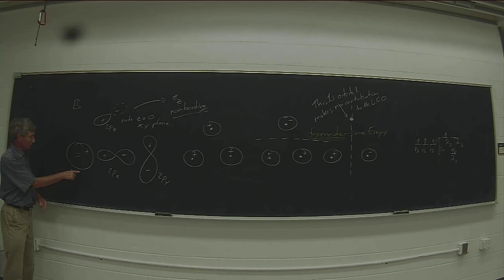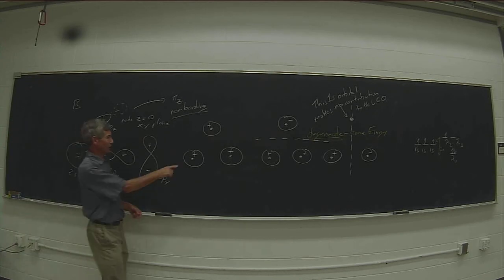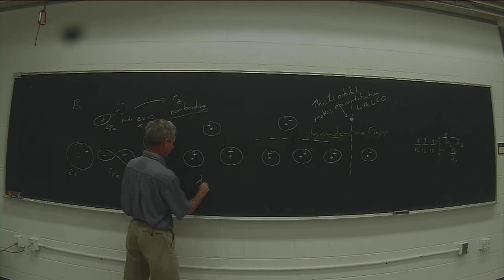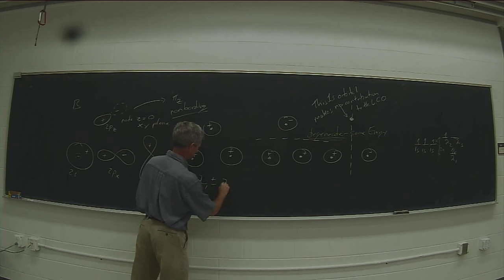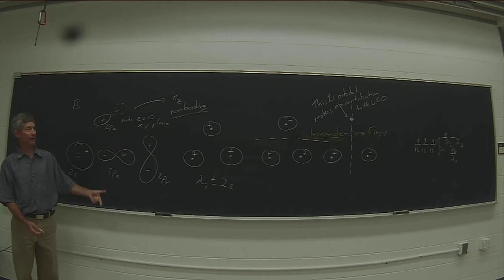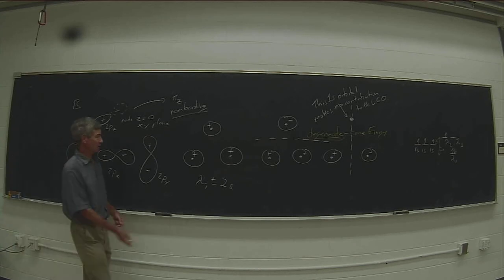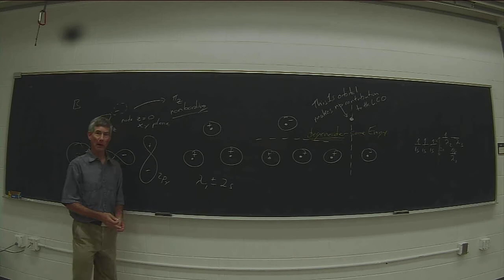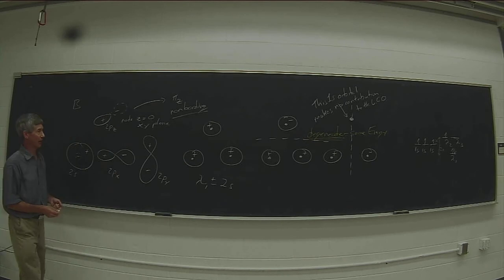In fact only the 2s orbital has the same symmetry as lambda 1. So we'll end up creating 2 new orbitals, lambda 1 plus and minus the 2s orbital. No matter what plane you reflect through, you don't have any change in the sign of the wave function.